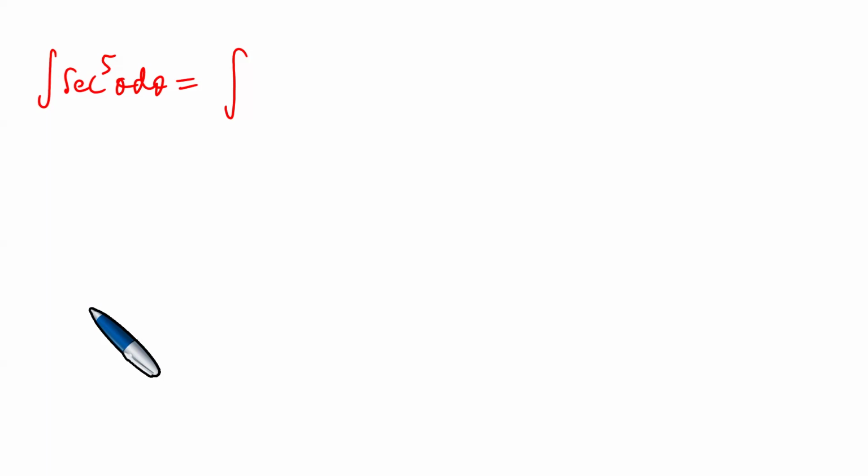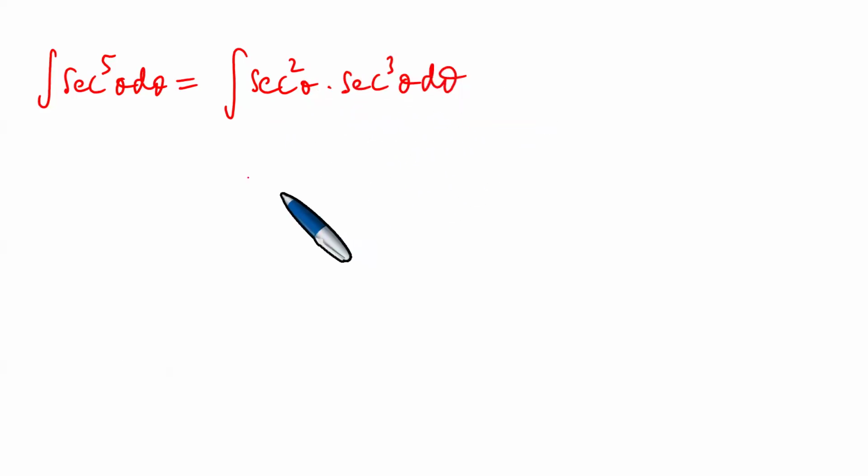A couple of things become very important for us to break this one into components. But first things first, we're going to break this into the secant squared and the secant cubed. So if you look at the secant squared theta and then you have the secant cubed theta d theta, let's pay particular attention to this.